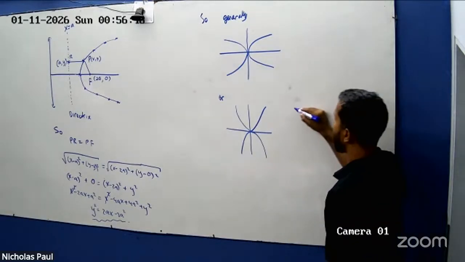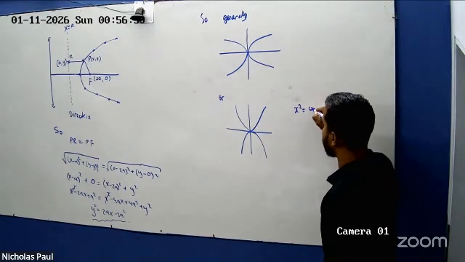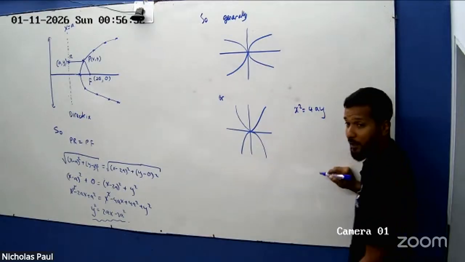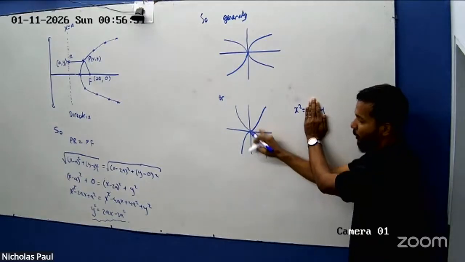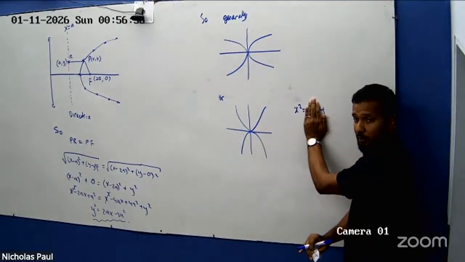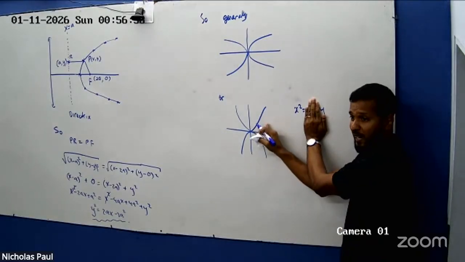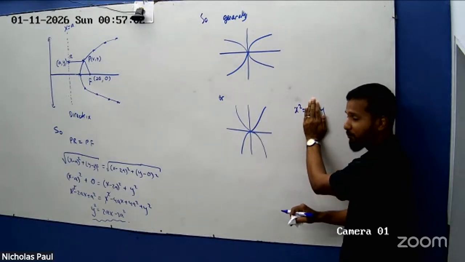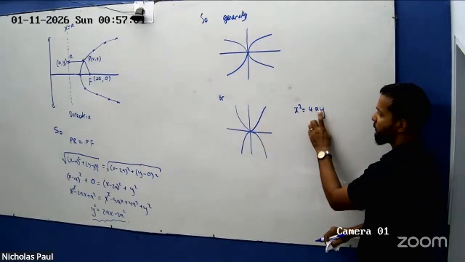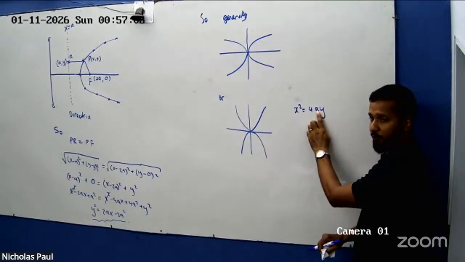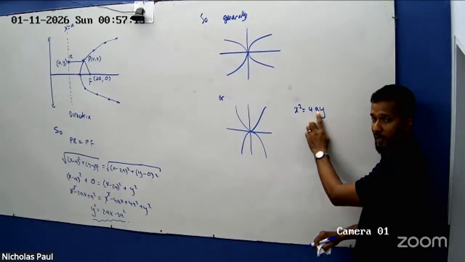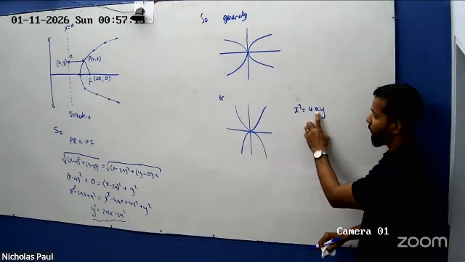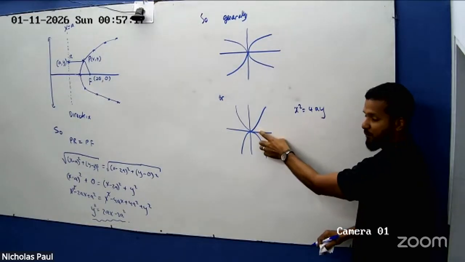The general form here is x squared is equal to 4ay. You may recognize the first one as y equals x squared. So in this first one, how much is a? A is one quarter. So a is equal to a quarter here to get this equation.